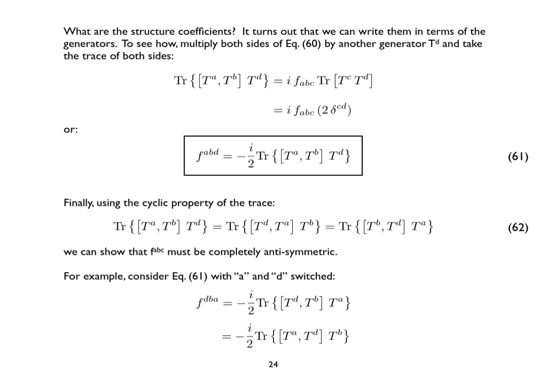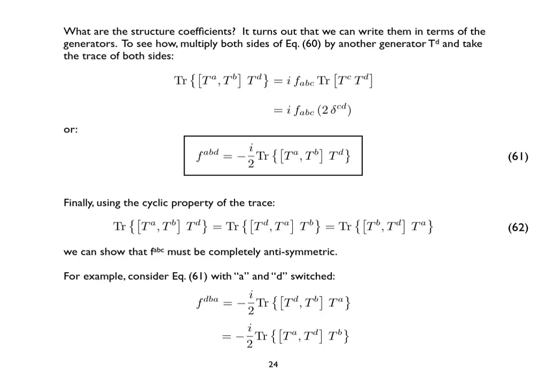Okay. Anyways, if we want to try to figure out what these are, we can use the things that we know about these generator matrices. And one that we know in general is that we can use the cyclic property of the trace. Right?